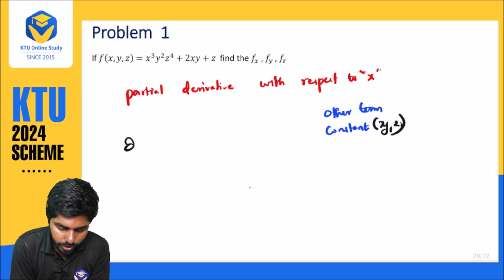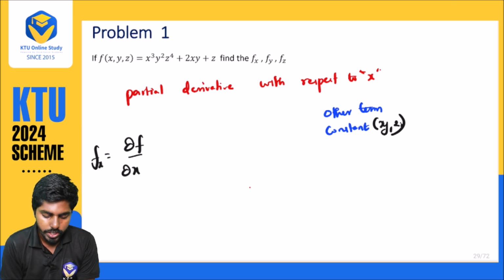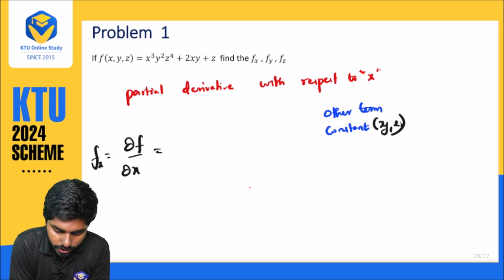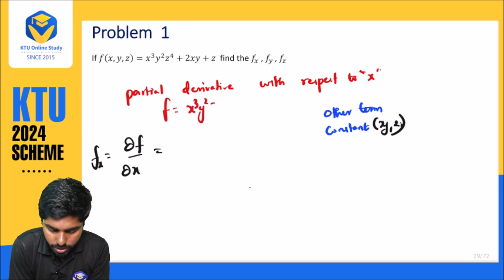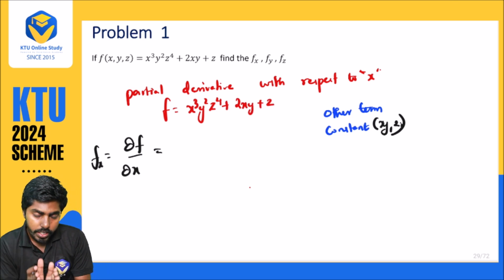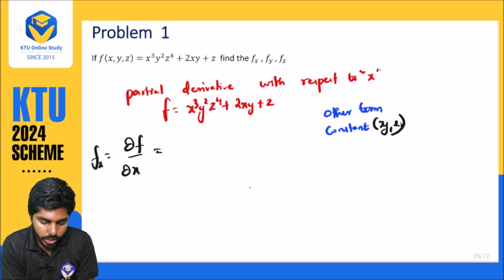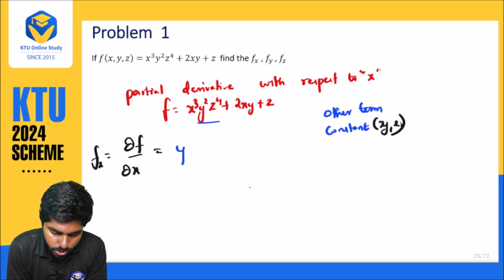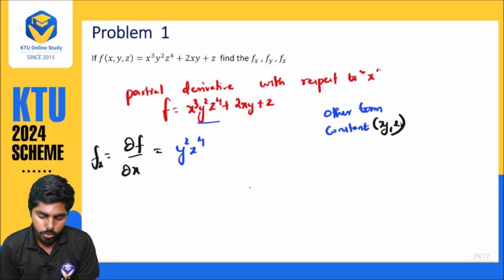So partial derivative dou f by dou x, that is nothing but f of x. The function they have given is f equal to x cube y square z power 4 plus 2xy plus z. Treating the other terms as constants, y square z power 4 is our constant, so I am taking y square z power 4 outside.